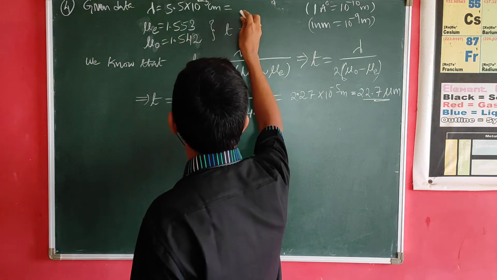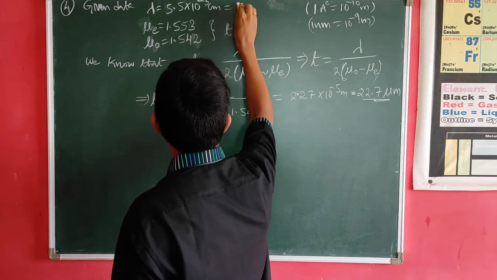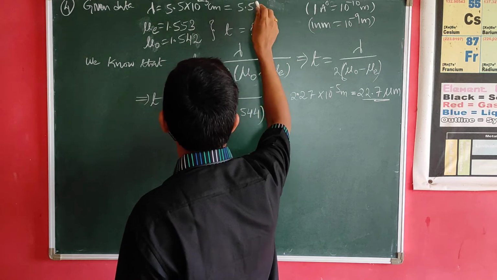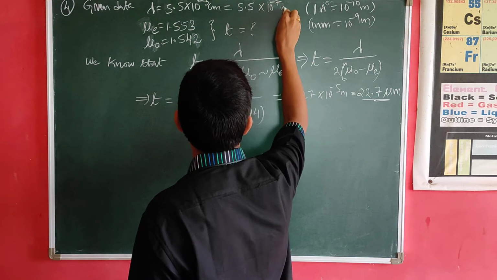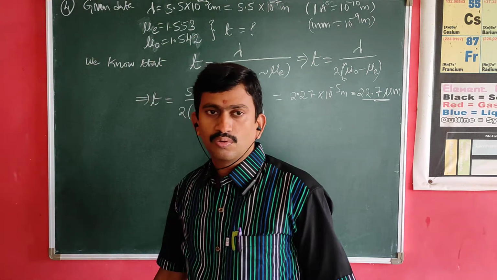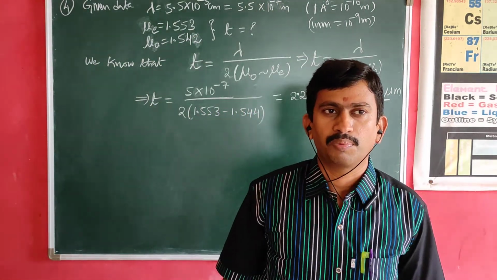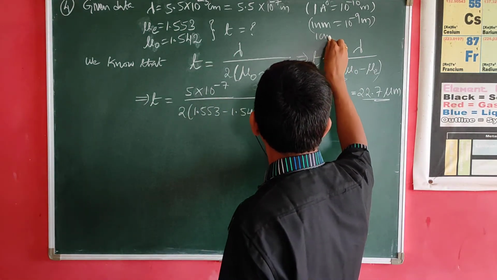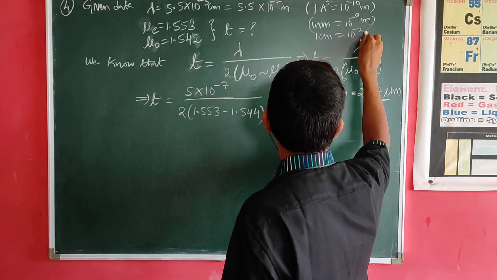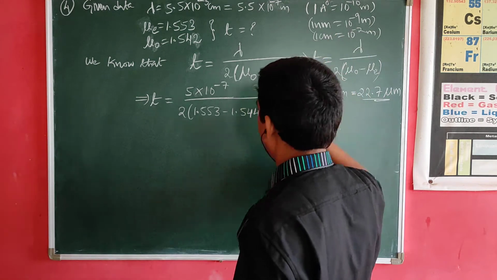If you convert it into meters, it is 5.5 into 10 power minus 7 meters, because 1 centimeter equals 10 power minus 2 meters, otherwise you can leave it in centimeters also.